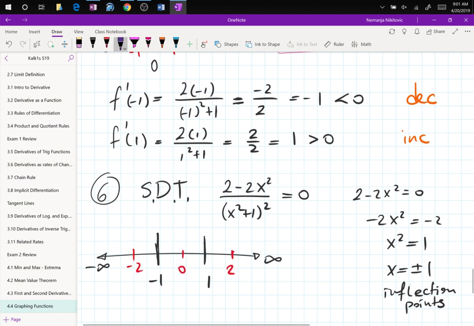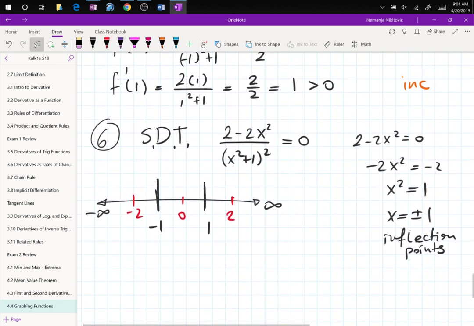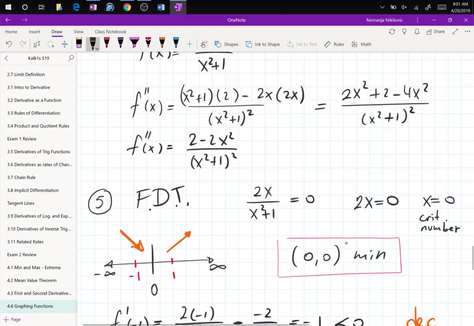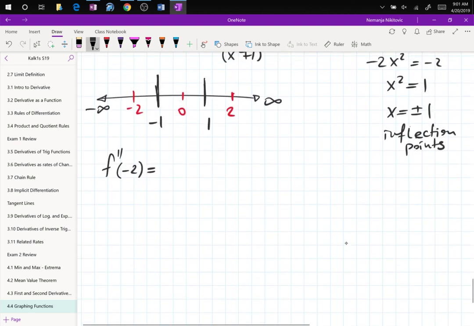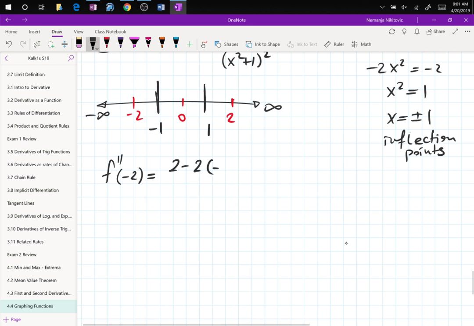Those are good enough. And now do the second derivative test using these points. So the second derivative computed at -2. Go find the second derivative. That's 2 minus 2 times -2 squared, divided by -2 squared plus 1, everything squared.